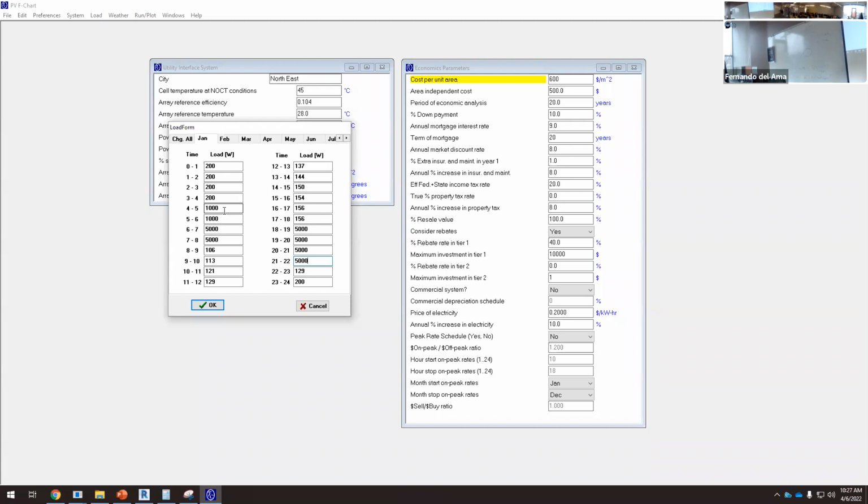Okay, so we have 24 hours. So I'm going to write in green the consumption. And in blue, the production.